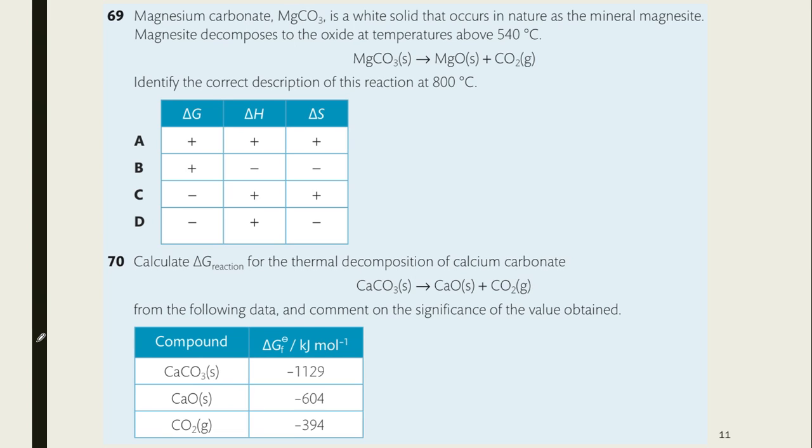Identify the correct description of this reaction at 800 degrees Celsius. Well, it says here it decomposes at temperatures above 540. This reaction is occurring at 800, which is above that 540.